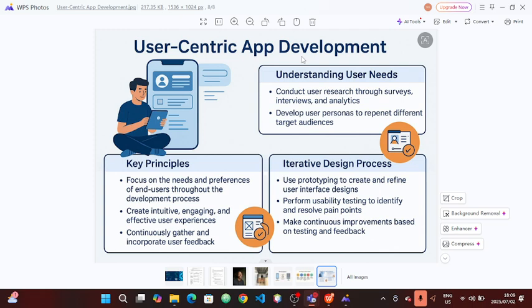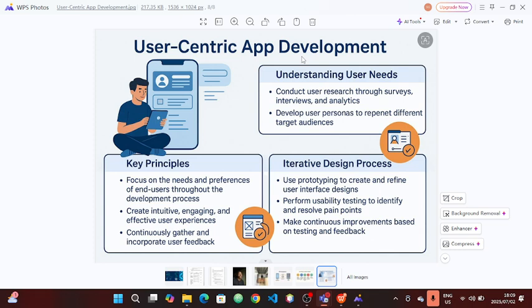In these weeks, they've been teaching us more about business, how to market your app. We also develop user personas and refine different target audiences. And then the key principles: we focus on the needs and preferences of the end users throughout the development process.